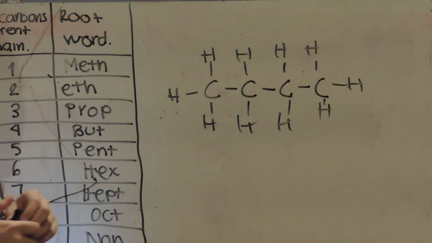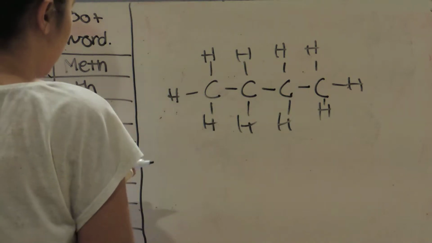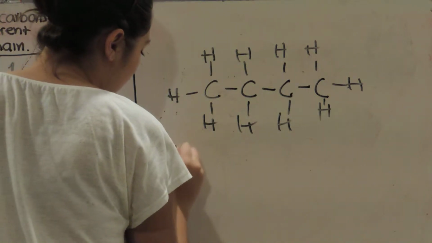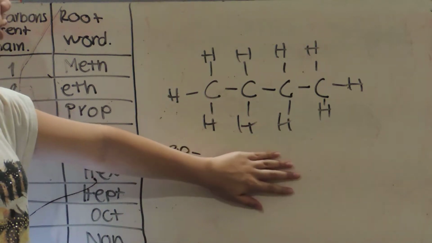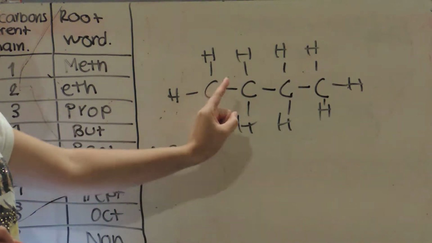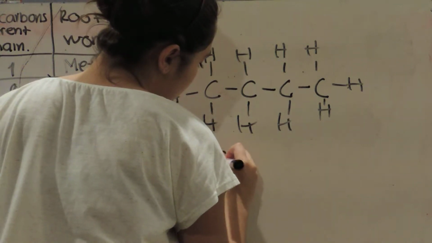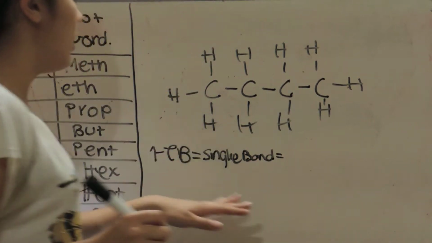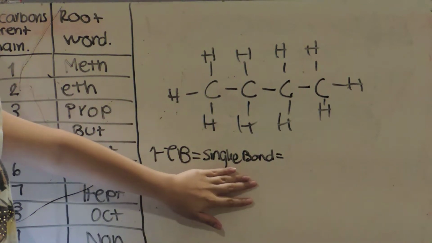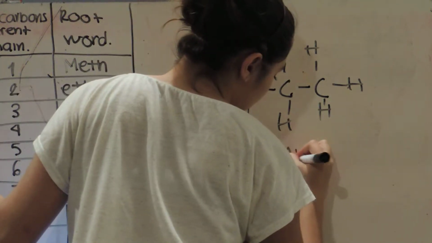Our first step is to identify what type of bond we are using. The type of bond that we're using in the structure is a single bond, as we can see. All are single, and when we talk about single bonds, we are talking about alkanes.